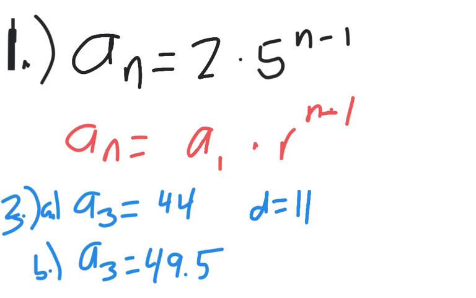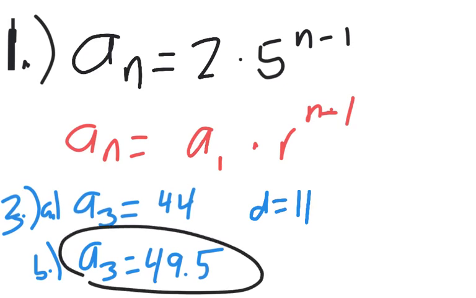How'd you get 49.5 on this one? I wrote down 22 times 1.5 over 2 minus 33 divided by 22. Over, what did you say, 2 minus 1? 1. Yes.